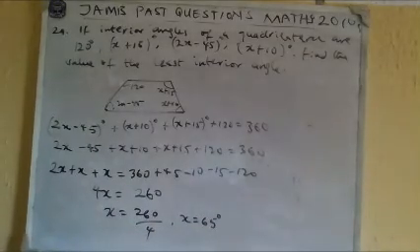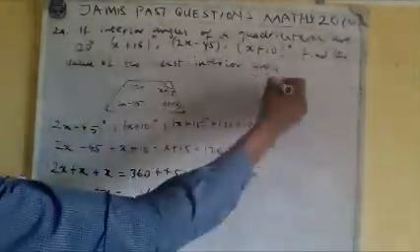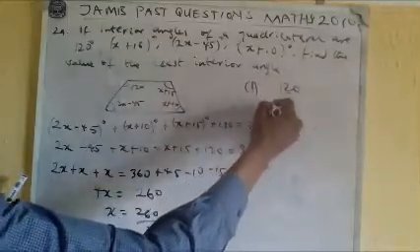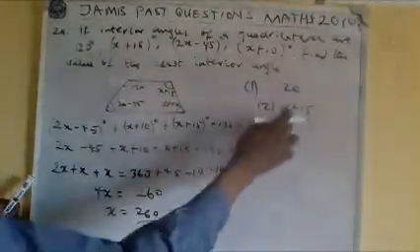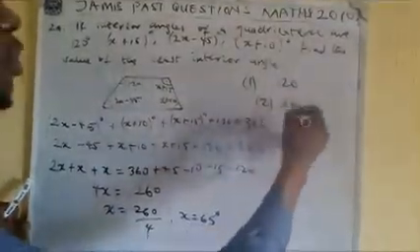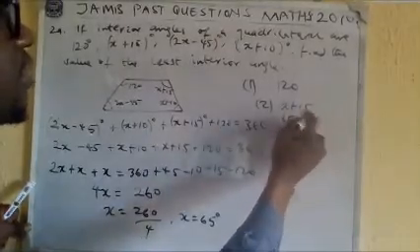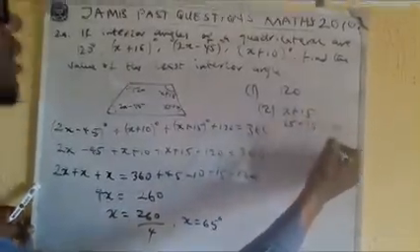Now, if x is 65 degrees, what is the least interior angle? So that means I know that the first angle is 120. Number 1. The second one, number 2, x plus 15. If I put this in here, what I have is 65 plus 15. Do the math. 5 plus 5 is 10. Carry 1. 7 plus 1, 8. That's 80.